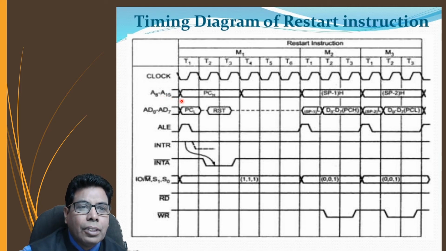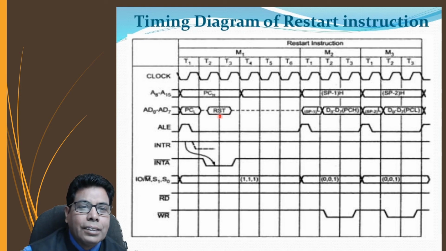During machine cycle 1, it will have the program counter higher order byte, and these are the lower order address bus and the data bus multiplexed. So it will have the program counter lower byte, and then here it will have the RST instruction.